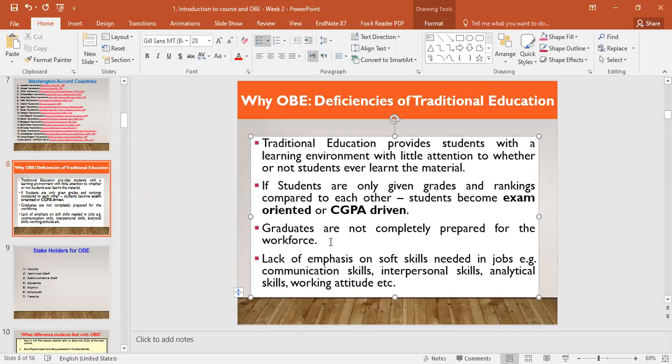Graduates are not completely prepared for the workforce, as they only get the CGPA and marks, and have no interest in the course or in learning. There is also a lack of emphasis on soft skills needed in jobs: communication skill, interpersonal skill, analytical skill. So without OBE, there is a lack of some of these skills.